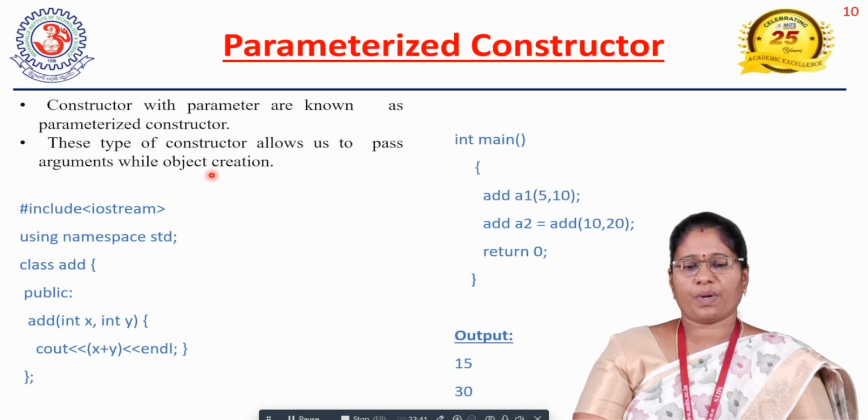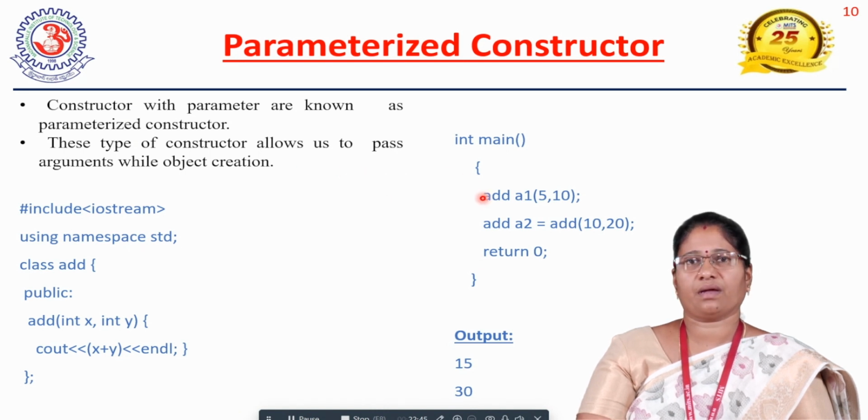It allows us to pass the arguments while creating the object. Here, when I create this object, I pass two arguments, 5 and 10. If you create this first object, automatically x is assigned 5 and y is assigned 10.